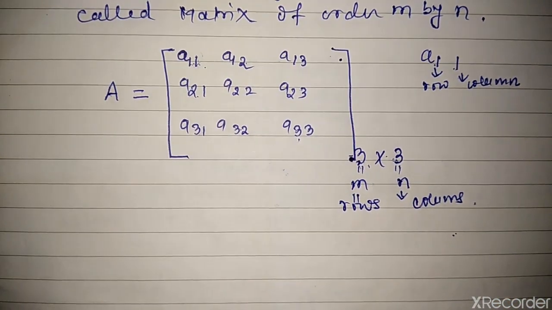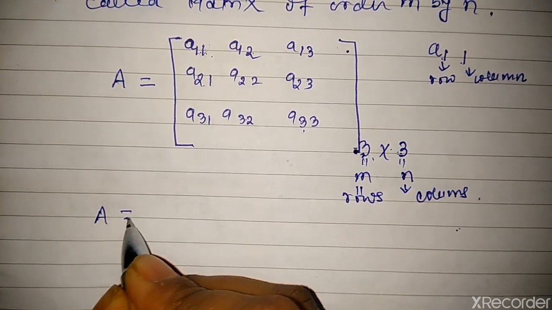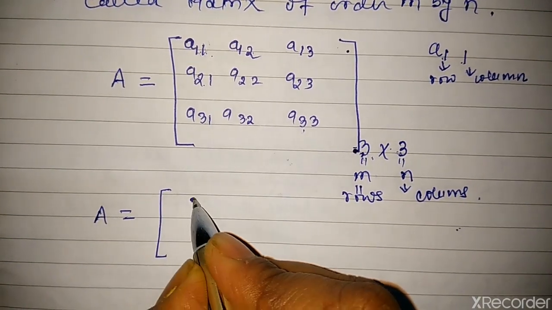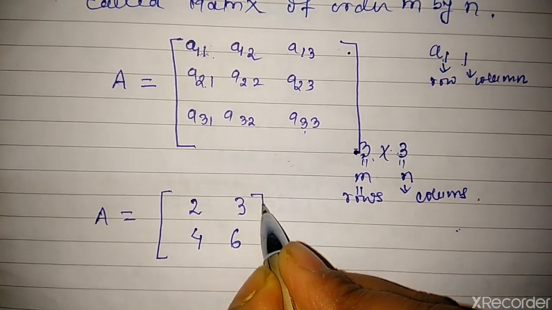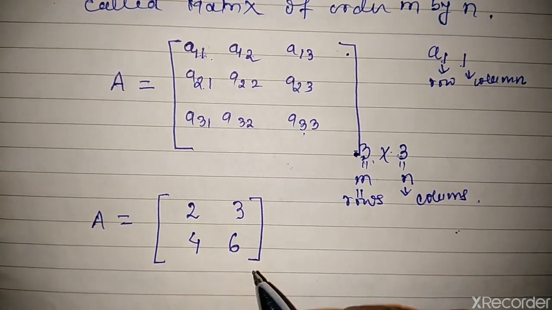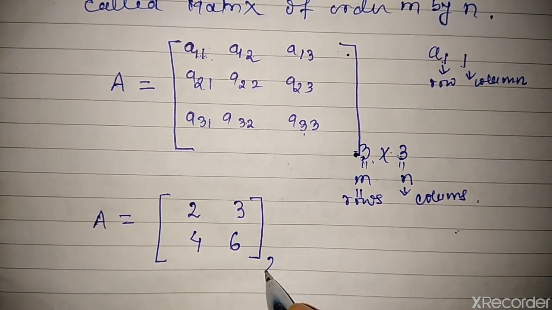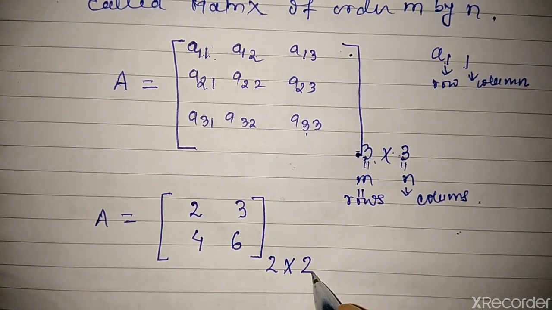Suppose we have taken a matrix of the form 2, 3, 4, 6. So what is the order of this matrix? The order of this matrix is 2 cross 2. Why 2 cross 2?